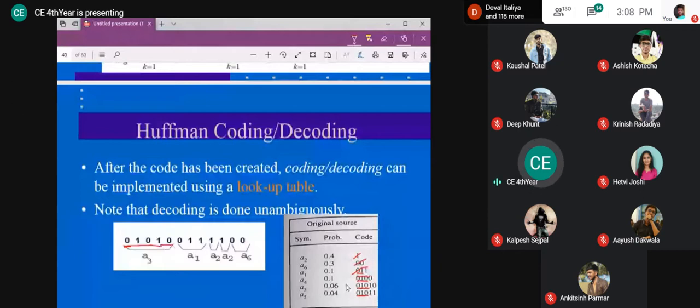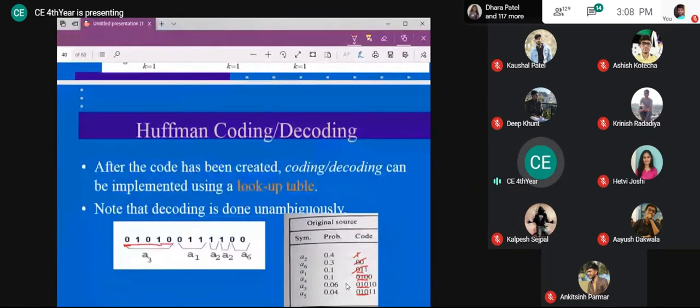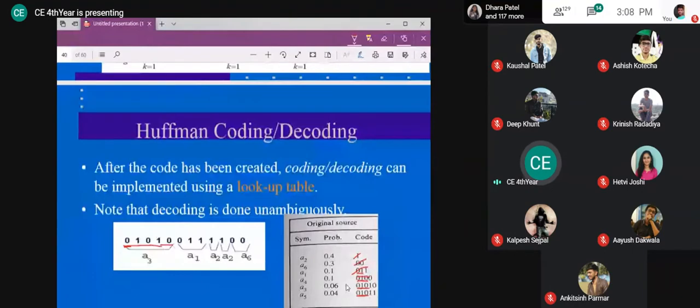So whenever you are transmitting something, suppose you are transmitting your image or your message, then this must already be known to you and your receiver: what will be the probability of occurrence of your symbols.